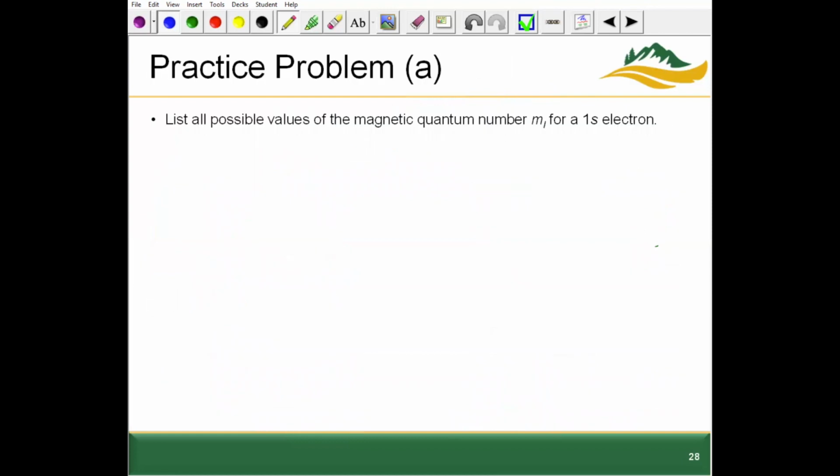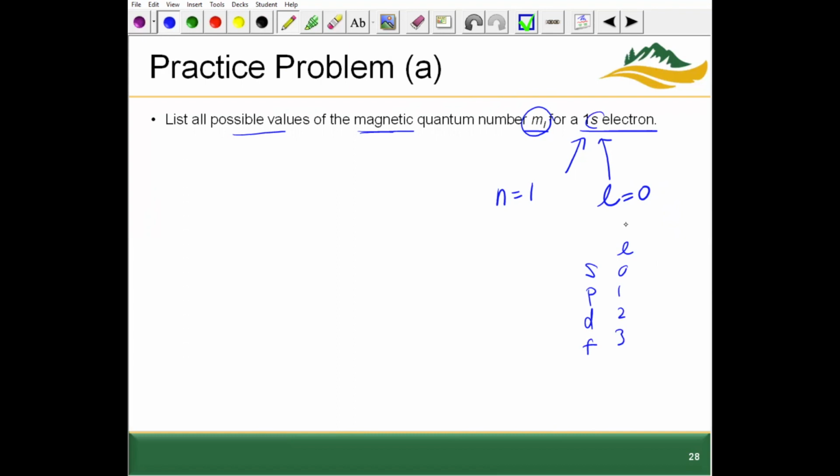Let's try this practice problem of listing all possible values for the magnetic quantum number m sub L for a 1s electron. So magnetic quantum number, that is our possible m sub L values. This 1 out front tells us n is equal to 1. This s here tells us L is equal to 0.